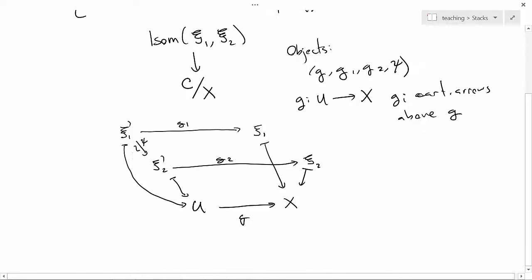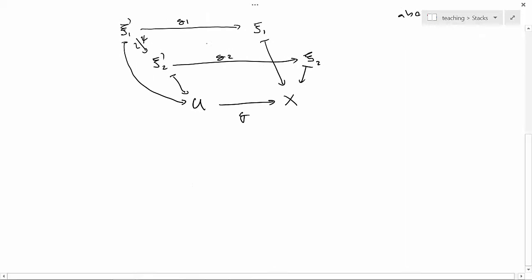What are the morphisms? So if I have a couple of diagrams like this, well, a morphism is going to be a way of making a kind of a large commutative, not just commutative, but really a Cartesian diagram.